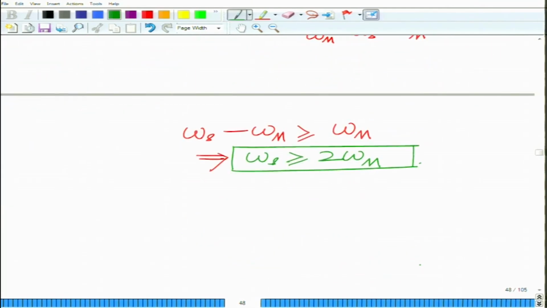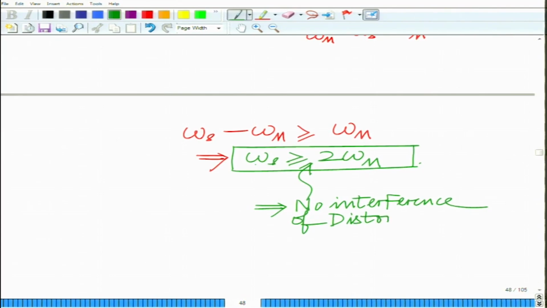This quantity omega s is the sampling frequency, omega m is the maximum frequency. So, if this is satisfied, there is no interference or distortion from the spectral overlap.